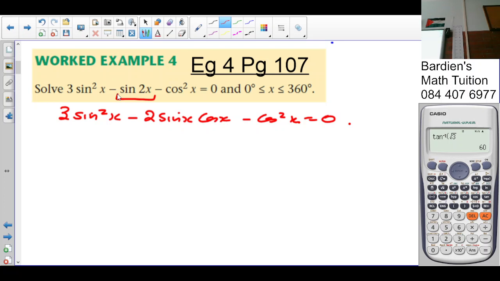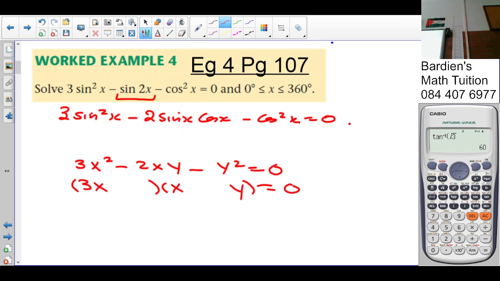Did you see a trinomial? If this was 3x squared minus 2xy minus y squared equals 0, if you had replaced sine with an x and a cos with a y, you see the trinomial now? If you use your quadratic formula, or if you can factorize, so it's 3x, x, y, y.